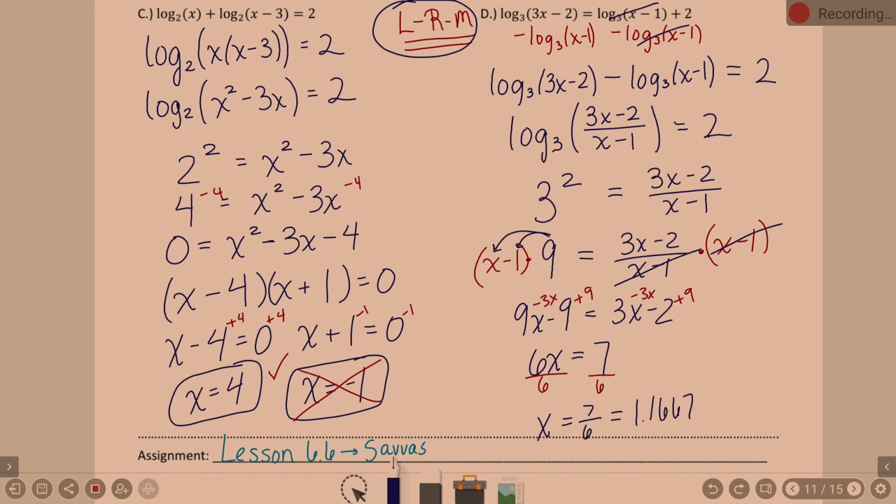Okay, because it's 1.1 and then the 6 is repeating, yes? So 4 decimal places, it becomes 1.1667. For me, I would be perfectly fine with 7/6. Savas might require the decimal. You never know. Okay. 6.6 is out there and available in Savas, yes? Do it. Get it done.